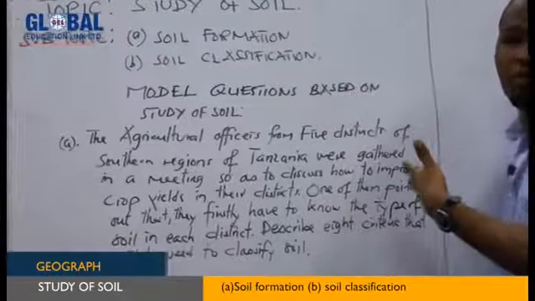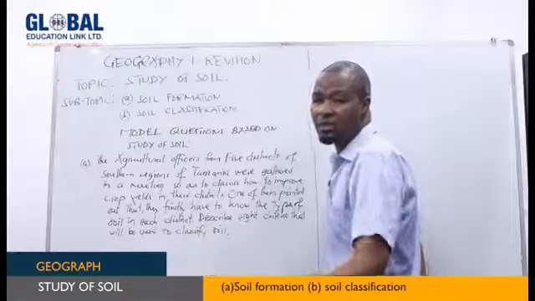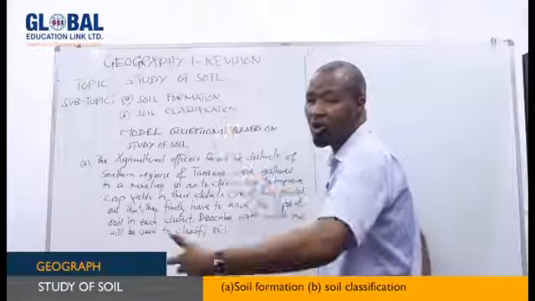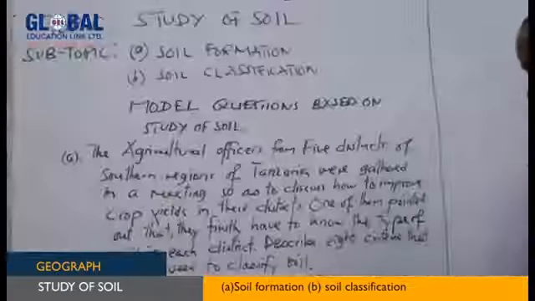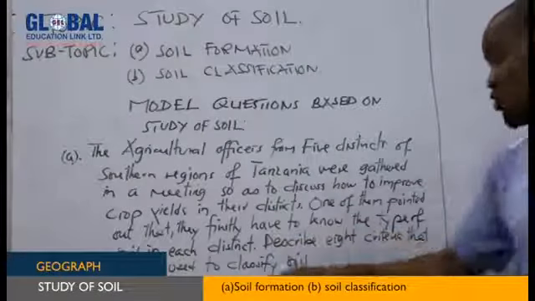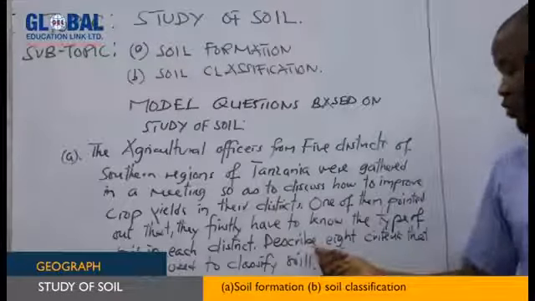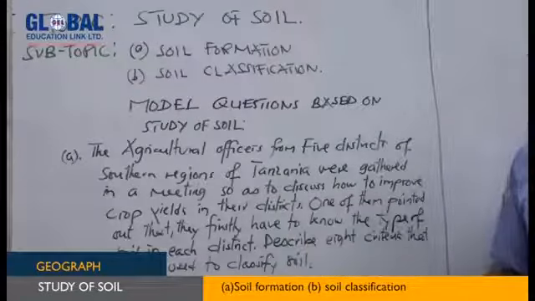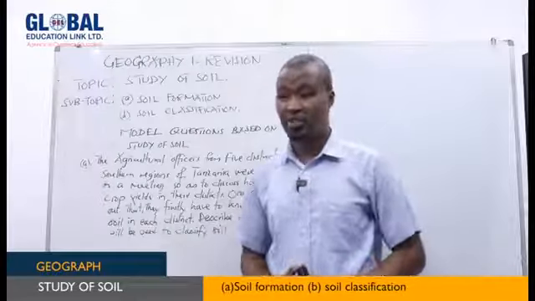So how are you going to know which type of soil is good for agricultural activity so that they may yield more and more crops? That's why the question said, describe 8 criteria that will be used to classify the soil. So the need of the question is to mention or explain 8 criteria that may be used to classify the soil.